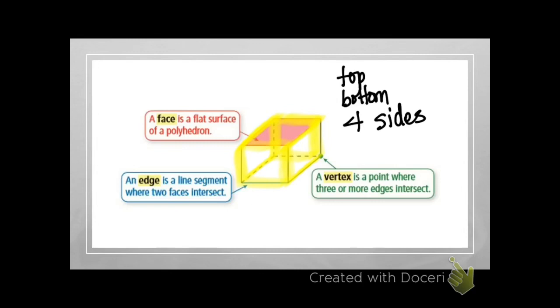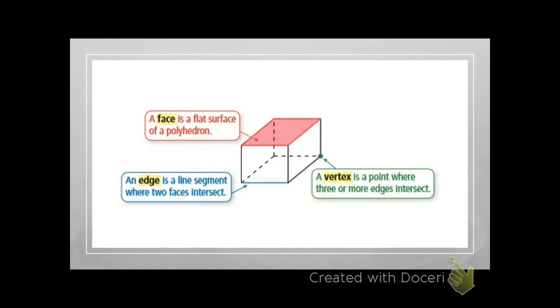And then an edge is going to be a line segment where the two faces intersect. So this is an edge, this is an edge, this is an edge, and this is an edge. That's just 4 of them. And you would go around the whole shape finding all the edges.